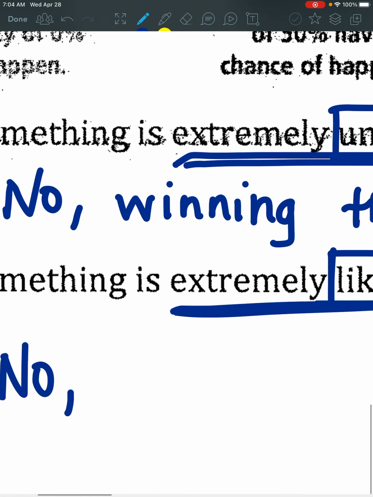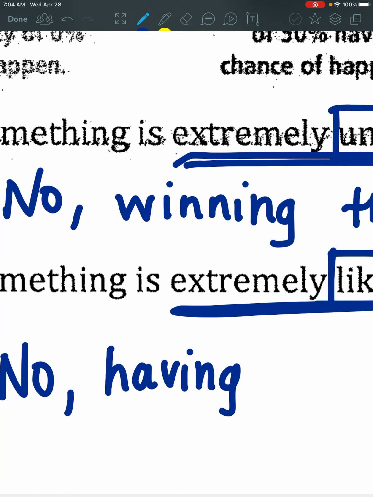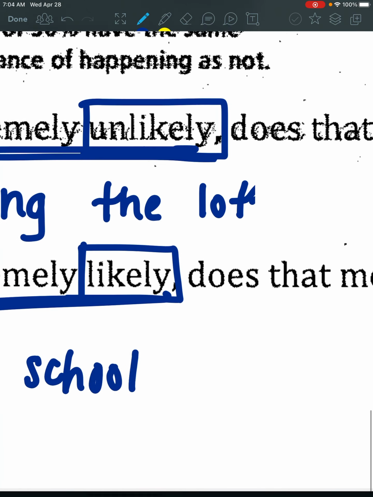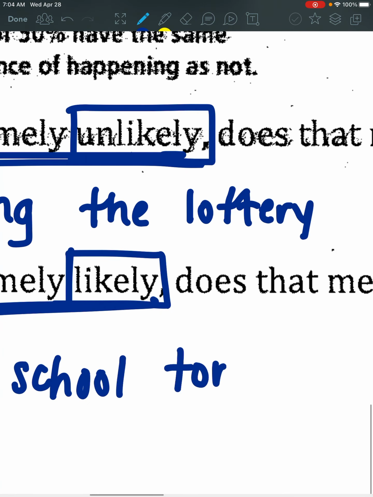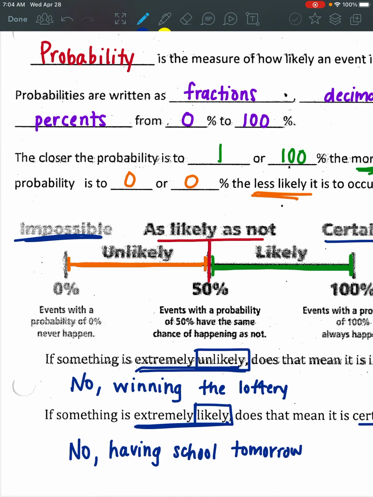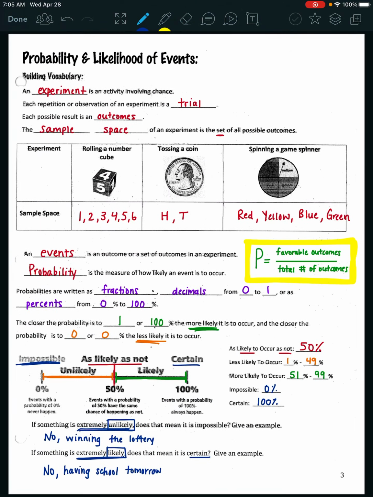Yeah, absolutely. So extremely likely that we're going to have school tomorrow, but we'd never know. Something could happen, and there is a small chance that maybe we don't have school tomorrow, but most likely we are going to have school tomorrow. So those are some examples of events that are extremely unlikely or likely, but it's still possible that they happen.